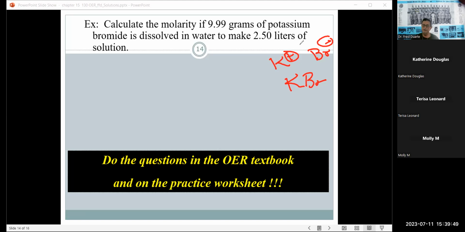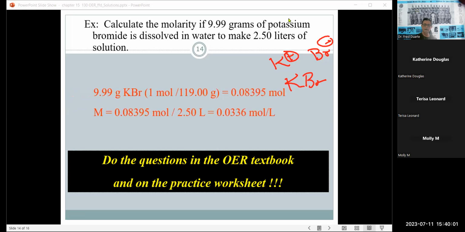With that information, I go to the periodic table, find the atomic weight for potassium, find the atomic weight for bromine, and that gives us the molar mass, which is 119. Recall the flow chart I had given you last chapter: where you have grams and want to get to moles, you divide by the molar mass.